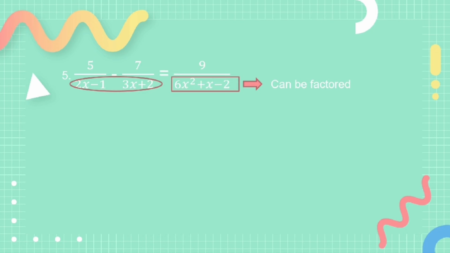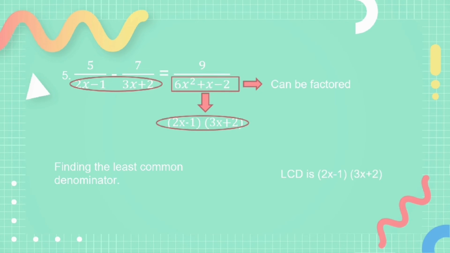So before we find our LCD, let us factor it first, which will now give us 2x minus 1 and 3x plus 2. After we factor, now what do you see? The binomials are exactly similar to the first two fractions. In this, we can say that our LCD is 2x minus 1 and 3x plus 2.